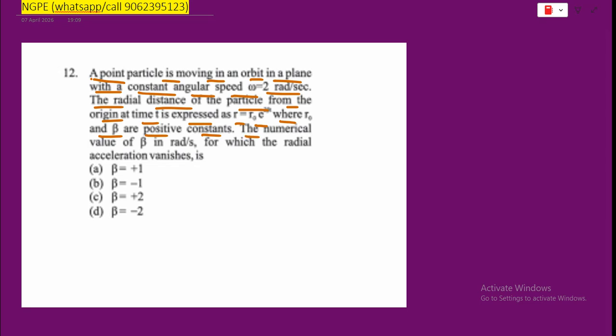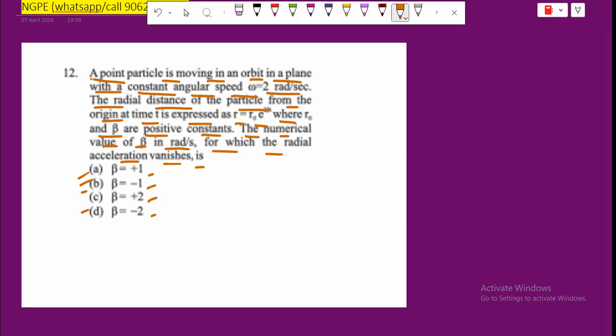The numerical value of beta in radian per second for which the radial acceleration vanishes is, and there are four options: +1, -1, +2 and -2. Okay, so let's calculate it.